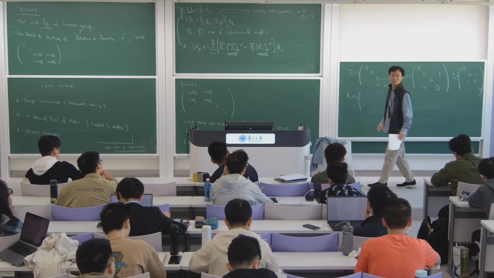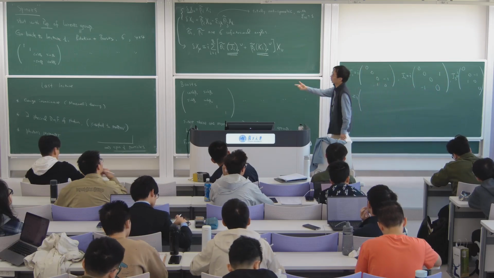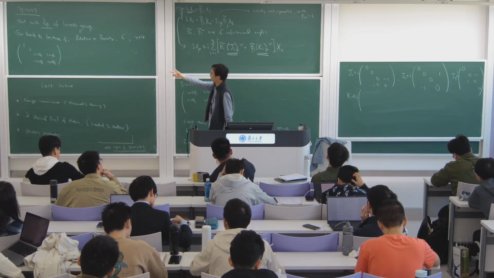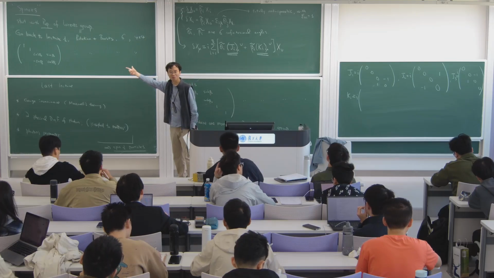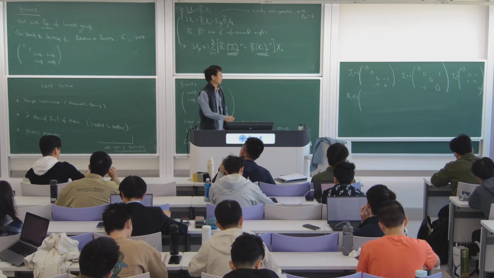And you can observe what the relation is between this J matrix and the Lorentz transformation for finite parameters. There is a simple relation.